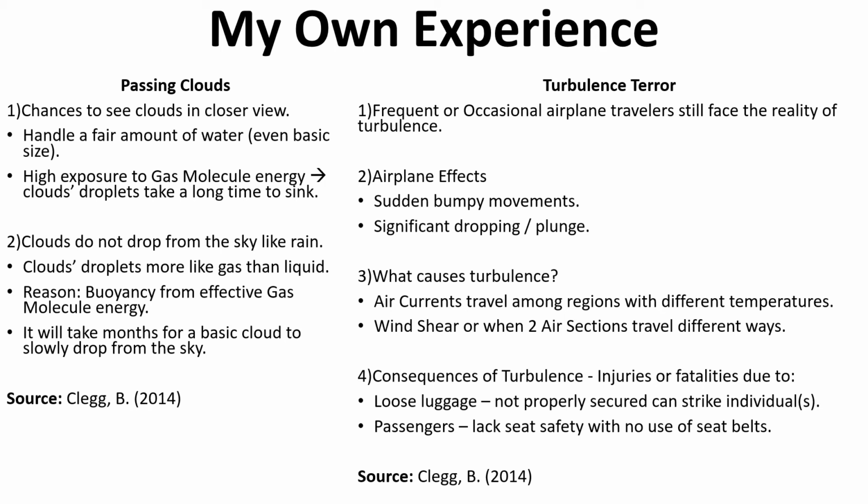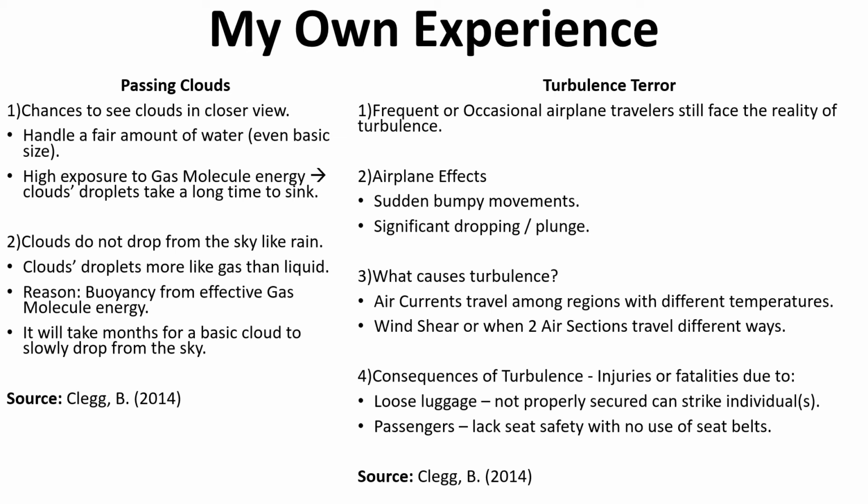Moving on to turbulence. Yes, that is a reality regardless of how often we travel, and examples of effects could be sudden bumpy movements or a significant drop or plunge. A cause of turbulence would be, scientifically, moving air currents that travel among regions with various temperatures, or when multiple air sections travel in different directions.